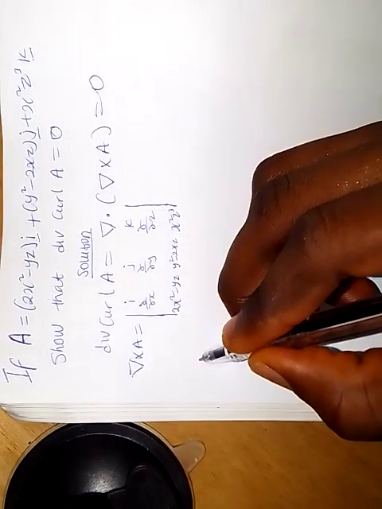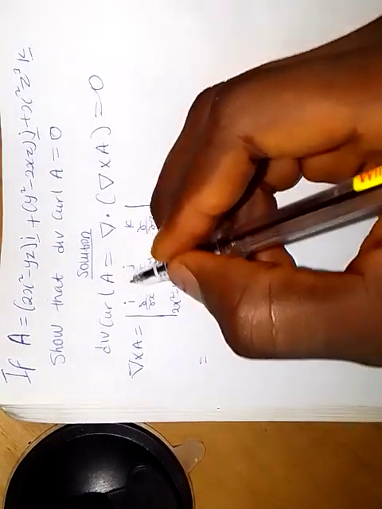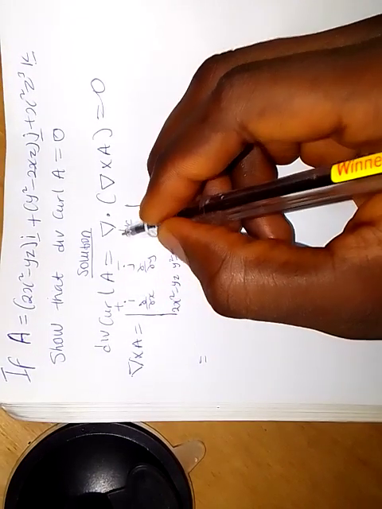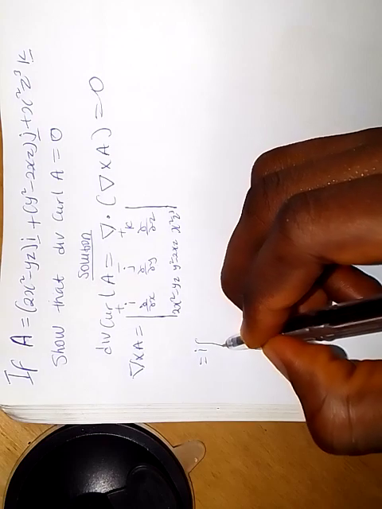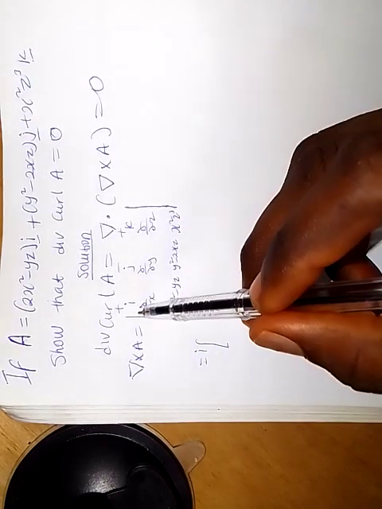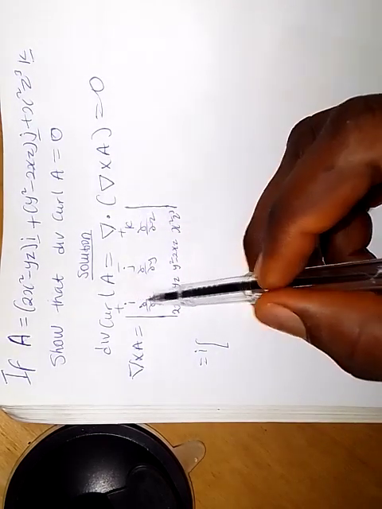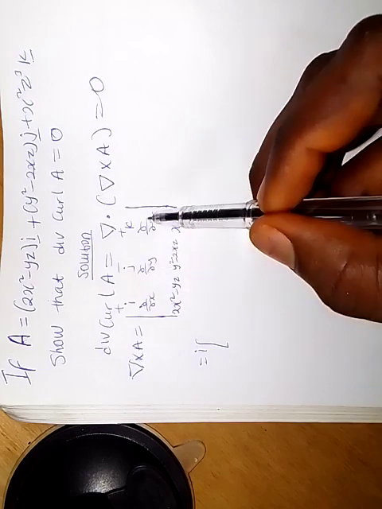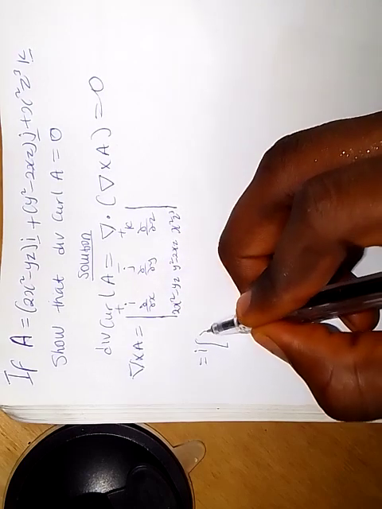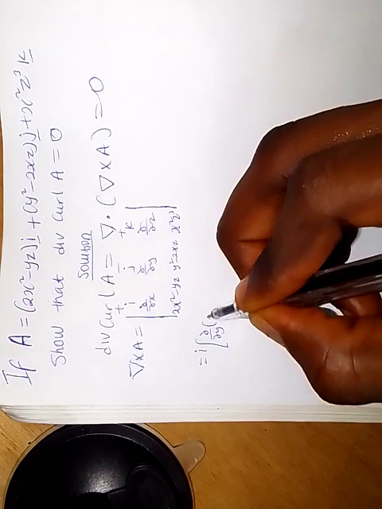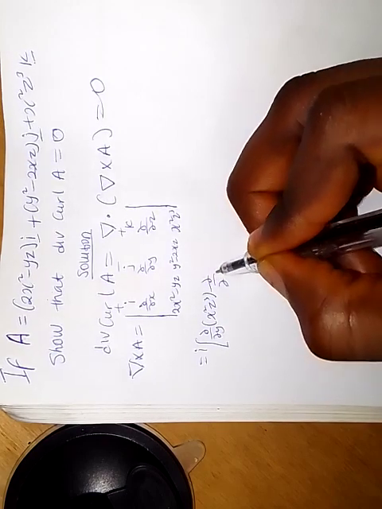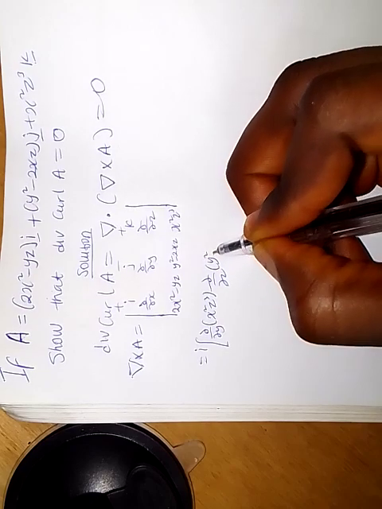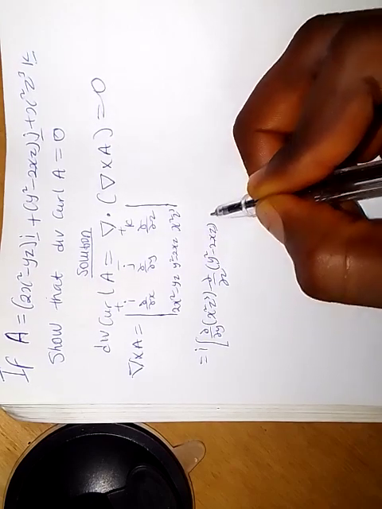So now we can evaluate. Don't forget that the signs are plus, minus, plus. So we have plus i outside, fixing the first row and the first column, so we are left with partial y of x²z³ minus partial z of y² minus 2xz.